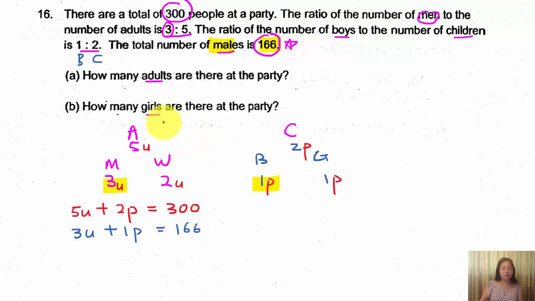Since the question asks us to find the number of adults, which is 5u, our job is to get rid of the part.